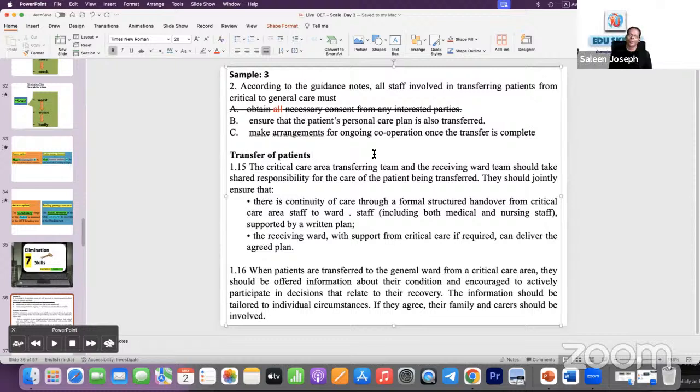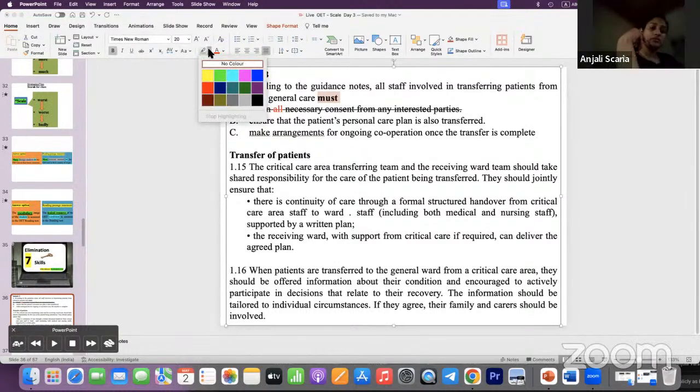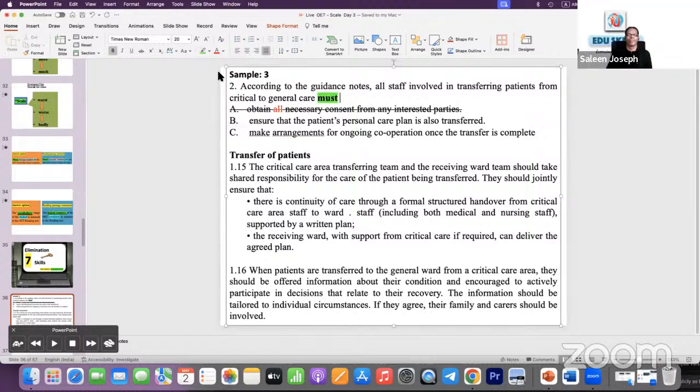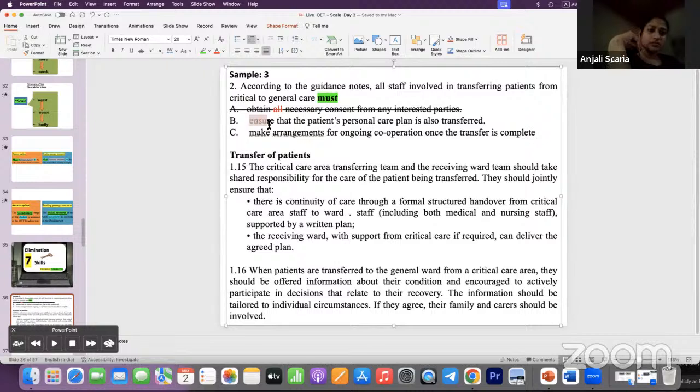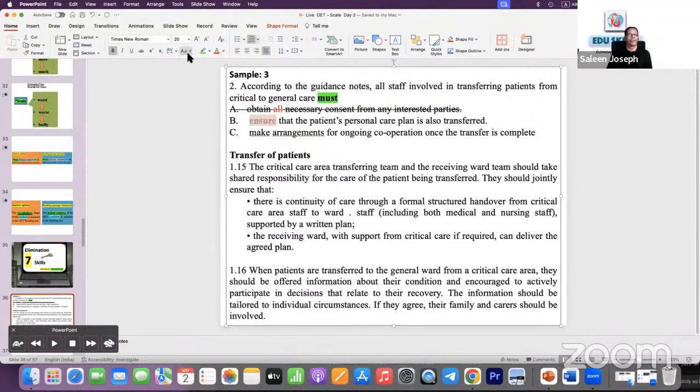And very often in Part B you will find two options having absolutes. Then you know you need to do nothing. And here you can also have one more strategy. What is it? Must. Modal verb. Modal verbs. Do you have a synonym somewhere in the options? Ensure. So this particular strategy of modal verbs says that must is the right answer.